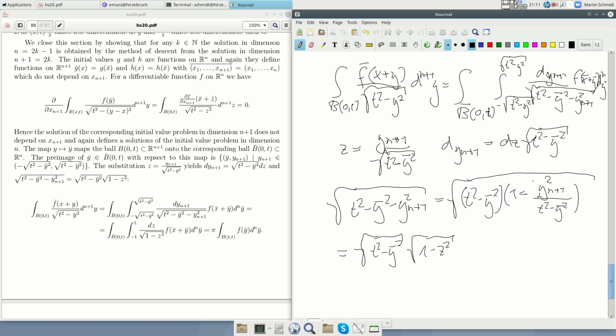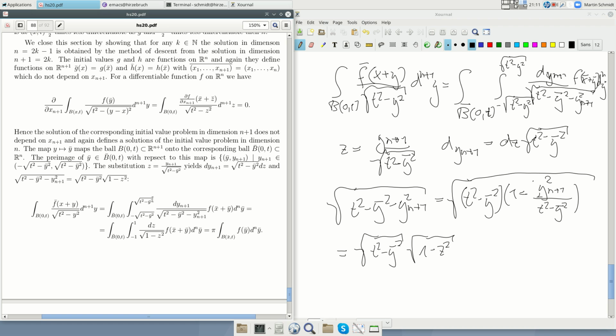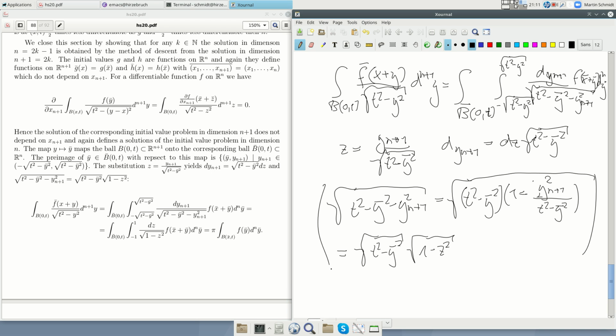Now we can insert this and then integrate. What do we get for this integral?